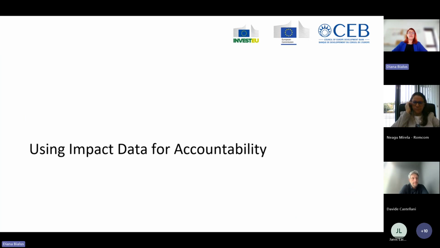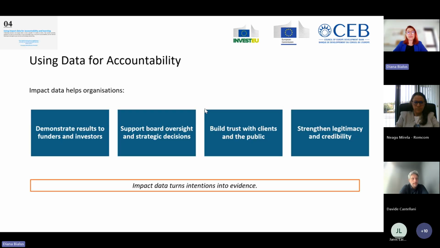Okay, so then moving into the first section, using impact data for accountability. As I mentioned, accountability refers to demonstrating results to the different stakeholders, so to funders and investors. It involves supporting board oversight and strategic decisions.